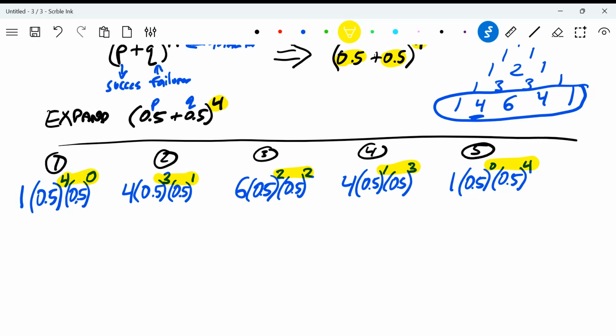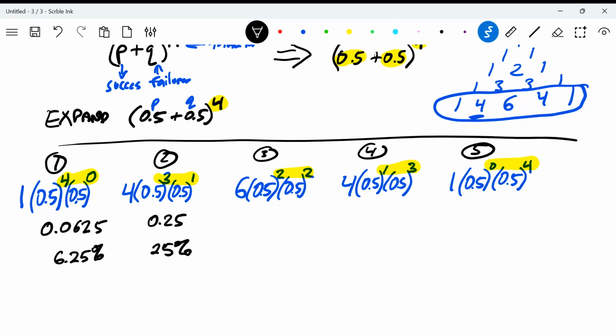Now we actually have to multiply them. If you multiply 0.5 to the 4th times 1, you get 0.0625. I'm going to move the decimal over, making it 6.25, or 6.3%. The second one multiplies out to 0.25, so that's a straight 25%.